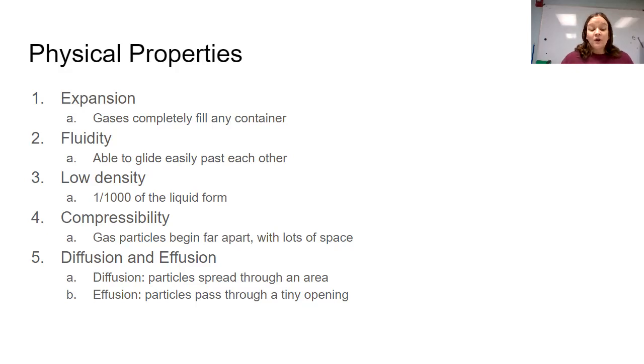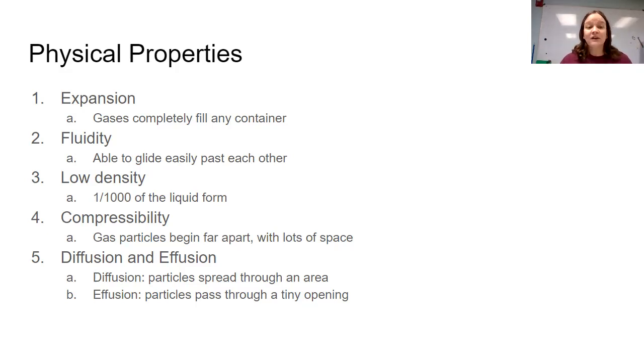Gases tend to have a very low density. Generally, I'm going to say generally because I am sure there is something out there where randomly the gas state is more dense than one of the others, and I just don't know that that exists.